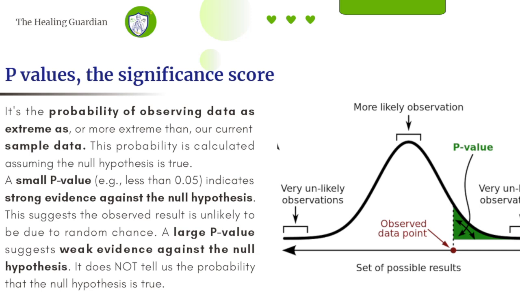We use the p-values. A p-value is the probability of observing data as extreme as or more extreme than our current sample data. Remember where we started from: as we start the experiment, we assume the null hypothesis is true. So we have got our data.